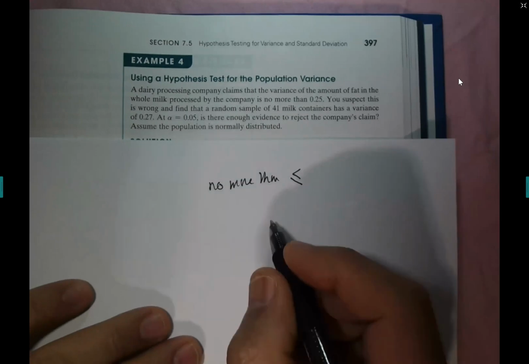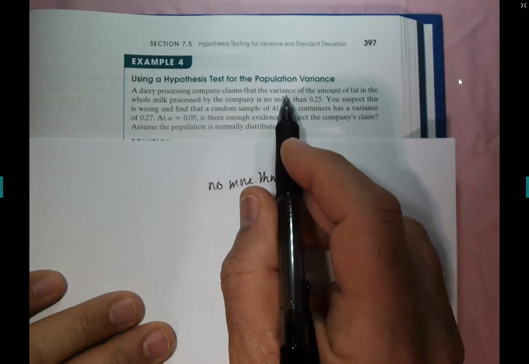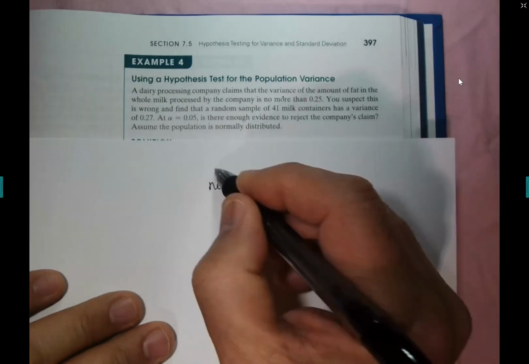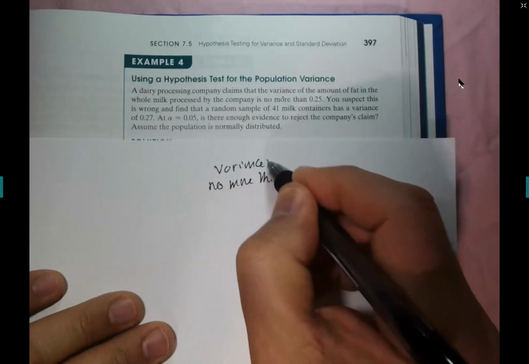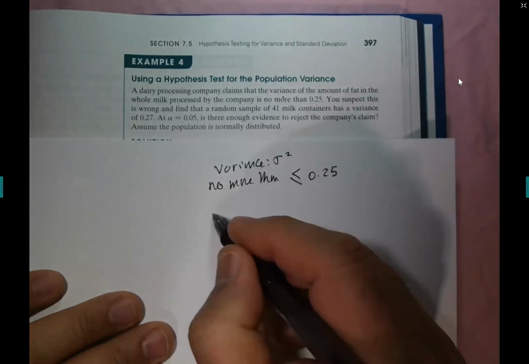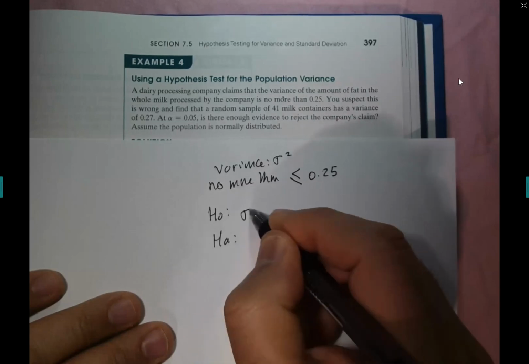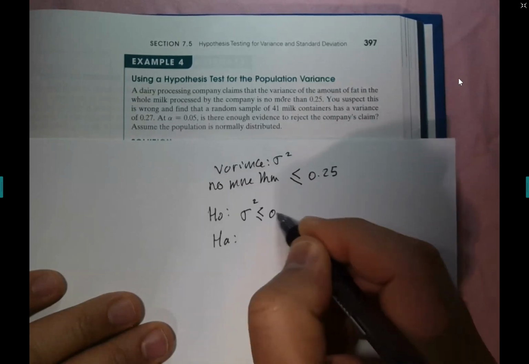Okay, and it says the variance. The variance, guys, means sigma square. So variance, look, these are the keywords that I need. And no more than 0.25. And I think this is good enough for me to write the claim, the null and the alternative hypotheses.